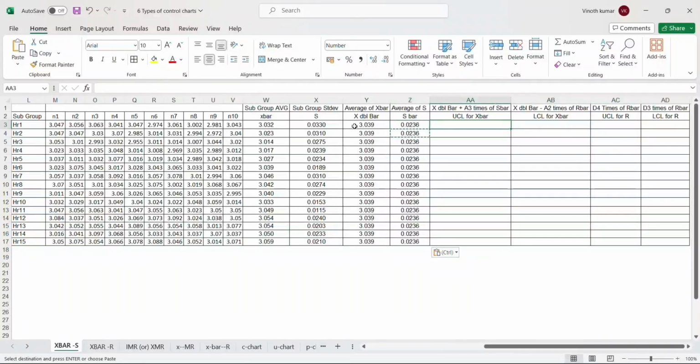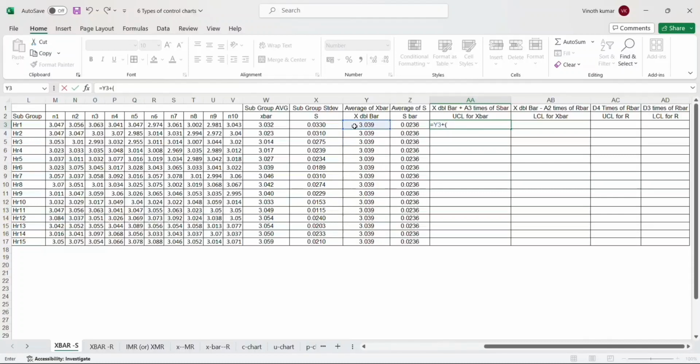As I told before, for people who have seen my previous video on X bar R chart, the control limit formula in that chart is X double bar plus A2 times R bar. That used to be the formula. Here the formula is slightly different. X double bar plus open brackets.